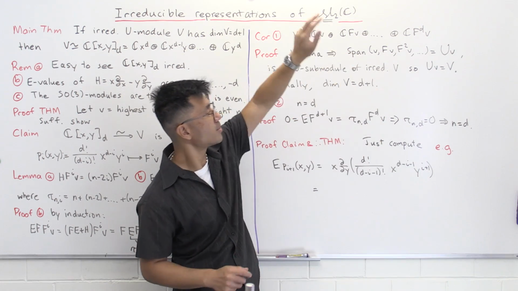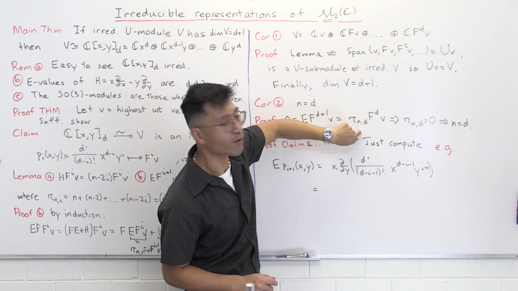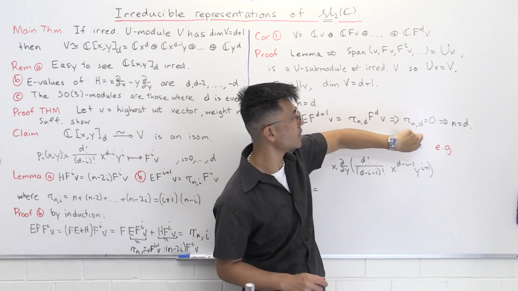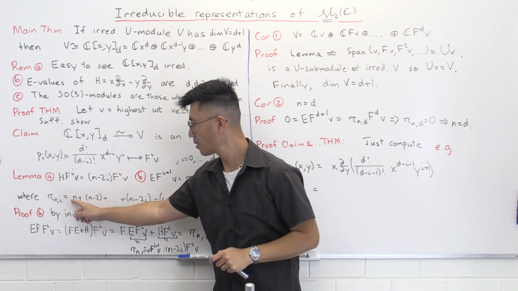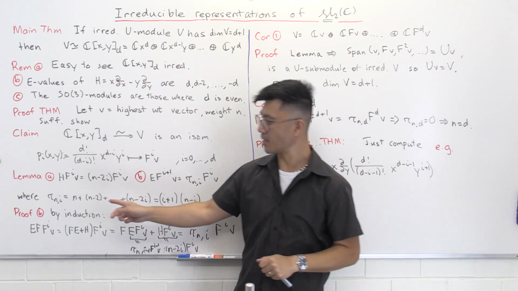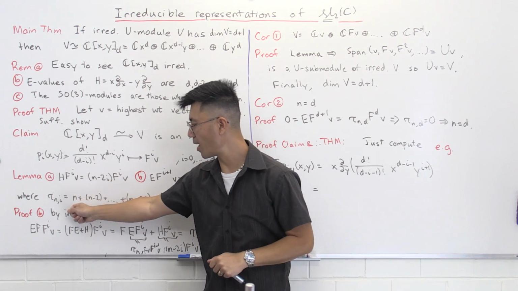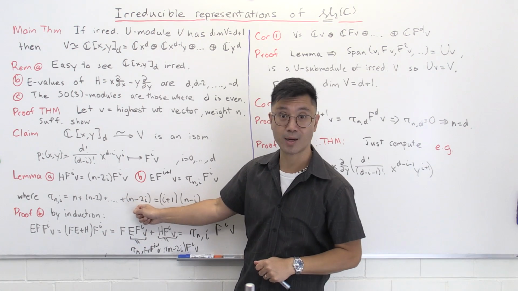Now this f to the d v is the last basis element over here. That's non-zero, so that means the scalar out the front has to be 0. That's tau n d equals 0. Here's your tau n d, when I equals d, and this has to be 0. Now this is an arithmetic progression. You start with n, and then you add n minus 2, then add n minus 4, and so forth down to this one here.